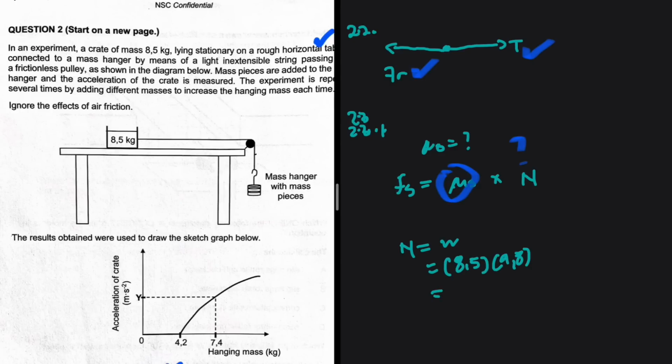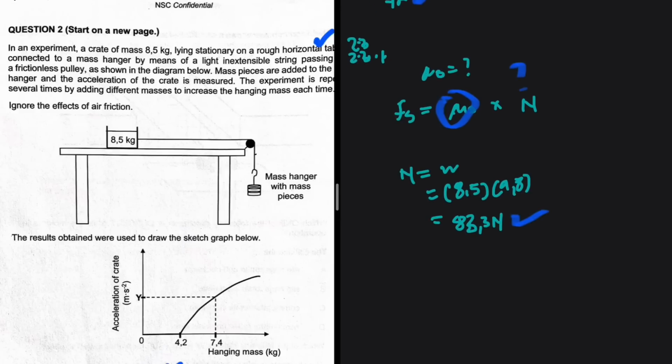So let me just put this in my calculator and see what happens. My calculator is in scientific mode, so let me put it back to normal. So we have 83.3 Newton. This is the normal force. And then the coefficient is what we're interested in. So how can we calculate the static frictional force? How can we possibly calculate that?